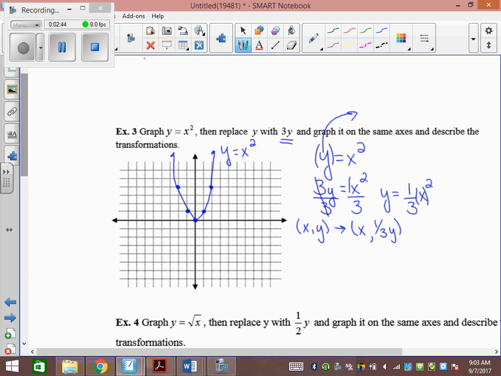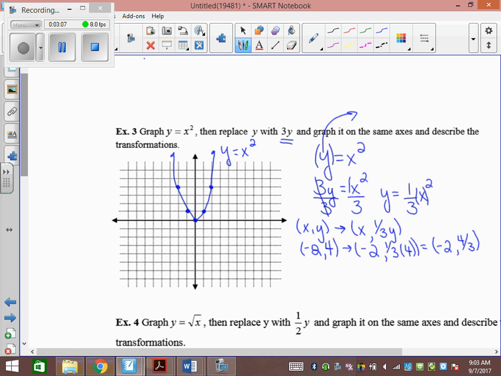And then I can just punch my points in. So I have -2 and 4. So it's going to become -2 and then 1/3 times 4, which is -2 and 4/3.